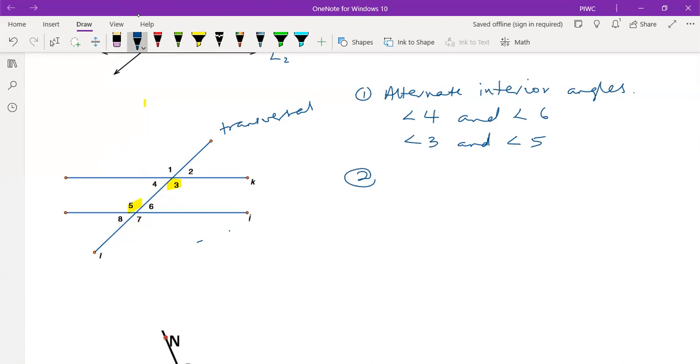Now we can also look at the alternate exterior angles.